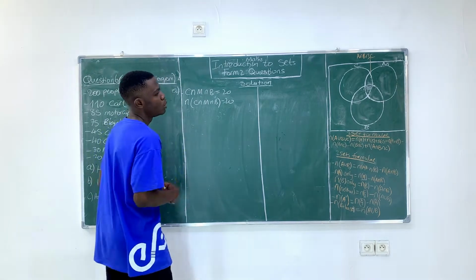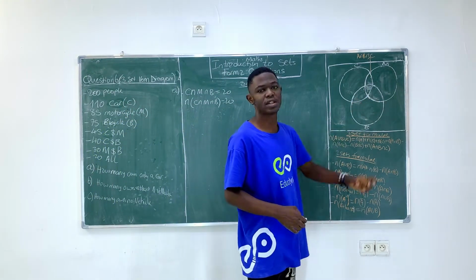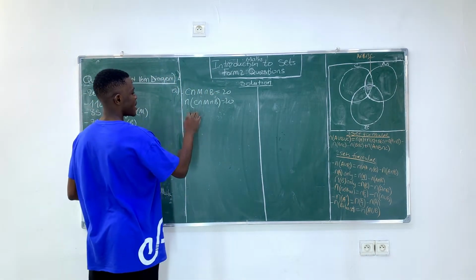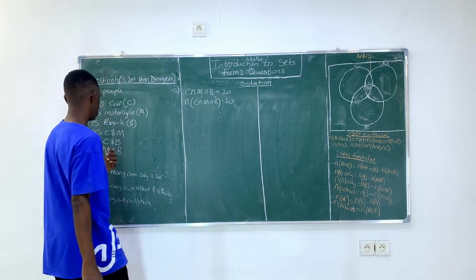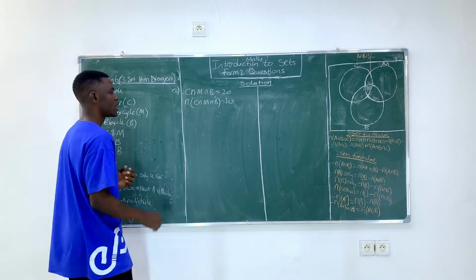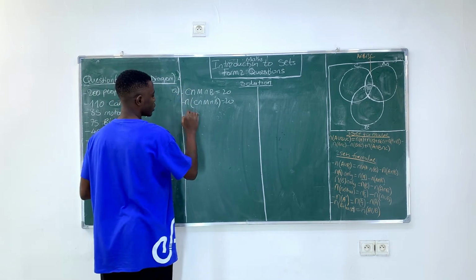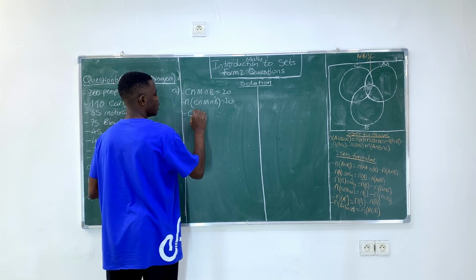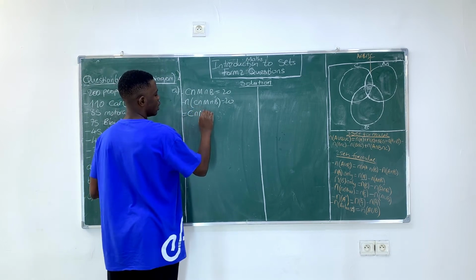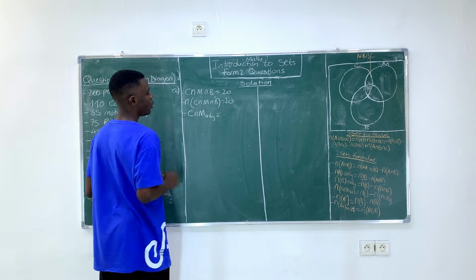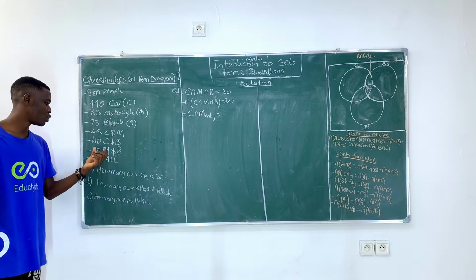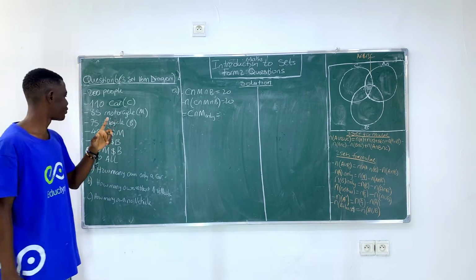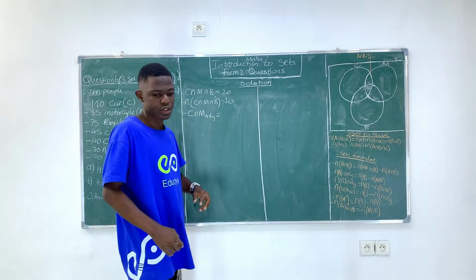So now we want to know the two-set intersections. How do you find them? For instance, if I want to know car and motorcycle only, it is equal to the total number of car and motorcycle minus this intersection.